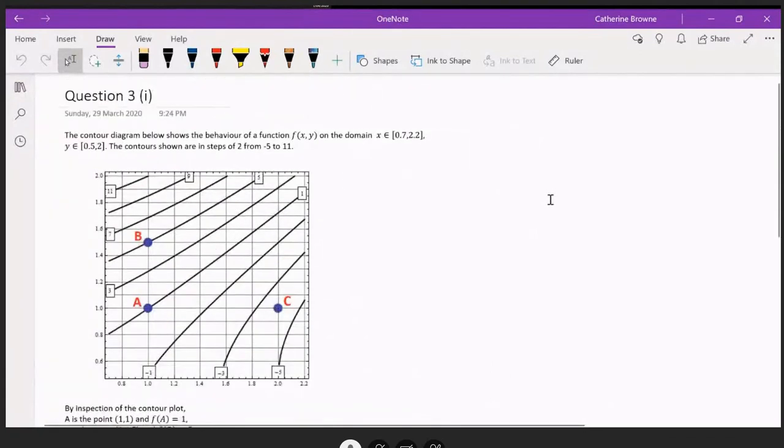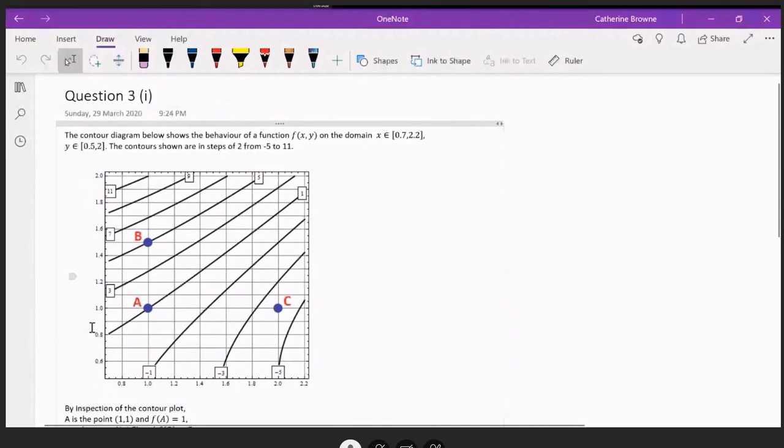So for this question, I have a contour diagram. And so we've got these contours. So this is the smallest contour down here. It's -5, and they're going up in steps of 2 all the way up to this contour, which is the highest. It's at 11. And so we've got the x-axis down here from 0.7 to 2.2, and the y-axis is here.